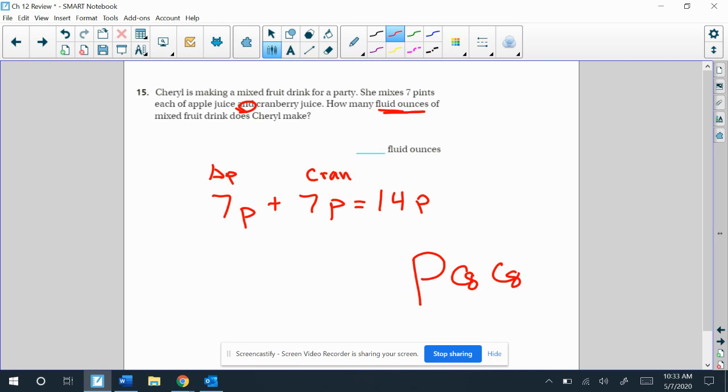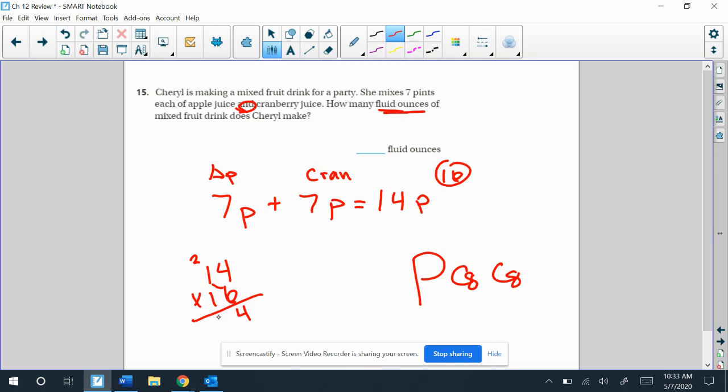So 8, 8, 16. Okay, well, 16 goes in the corner. I need to multiply the two. 14 pints times 16. Okay, well, 6 times 4, if you know that automatically, wonderful. If not, do it by twos. So 6, 12, 18, 24.